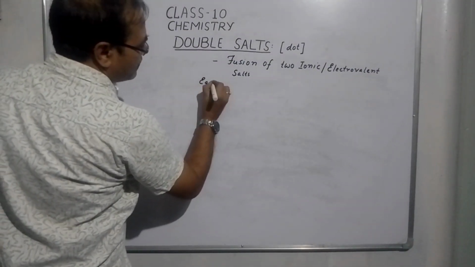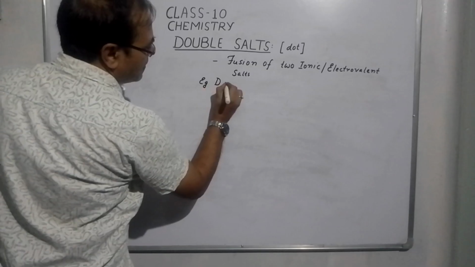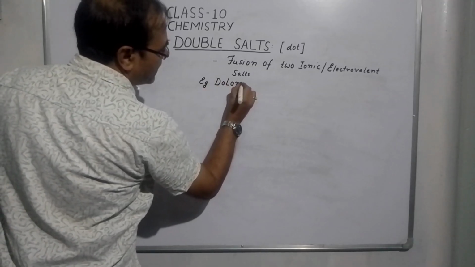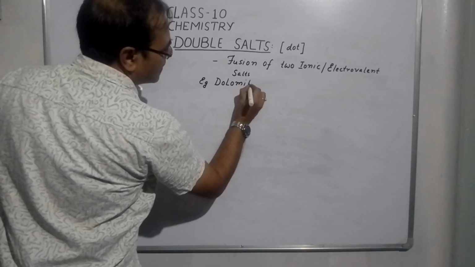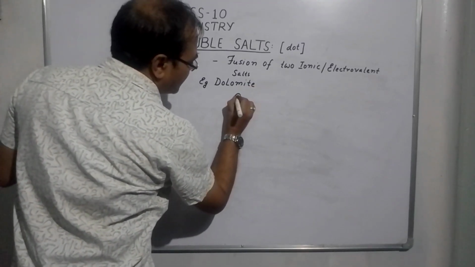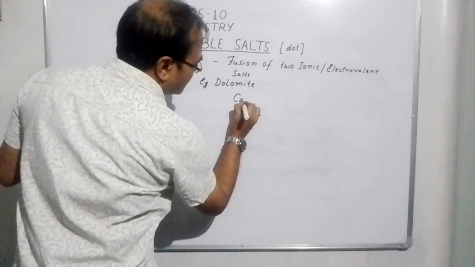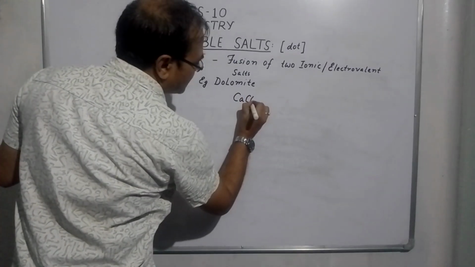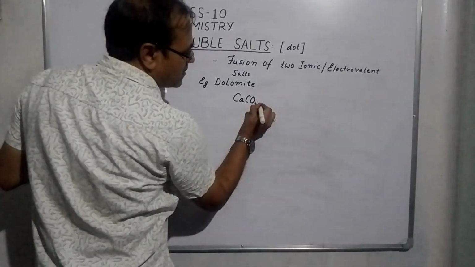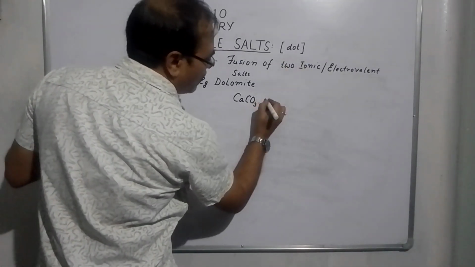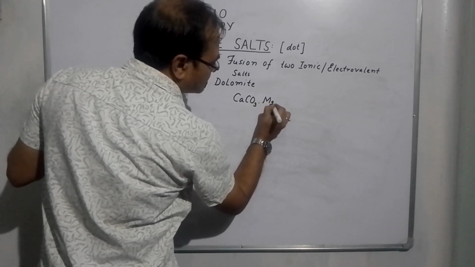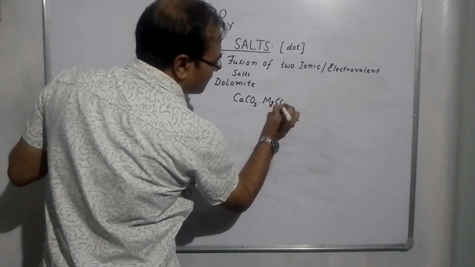The best example I am giving you is dolomite. Now when we say dolomite, it is nothing but the combination of calcium carbonate, which is an ionic salt, and dot, I have mentioned it here, dot, magnesium carbonate.